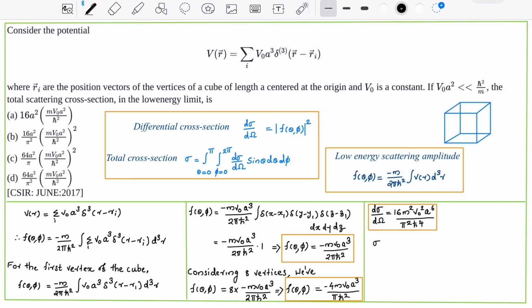In the present problem, we have to calculate the total cross section sigma. This is integral theta equal to 0 to pi, phi equal to 0 to 2 pi, of d sigma by d omega, that is 16 m square V0 square a raised to 6 by pi square h bar raised to 4, then sin theta d theta d phi.